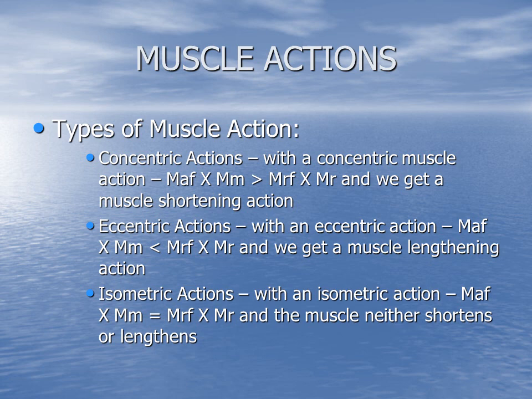Now with isometric muscle actions, there is no joint movement, and the limb or segment that we're testing gets locked into position and does not move. Now with isometric muscle actions, the product of the muscle action force and the muscle moment arm is exactly equal to the product of the muscle resistive force times the muscle resistive moment arm.